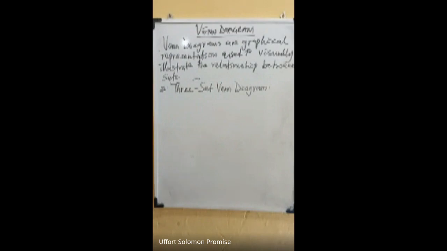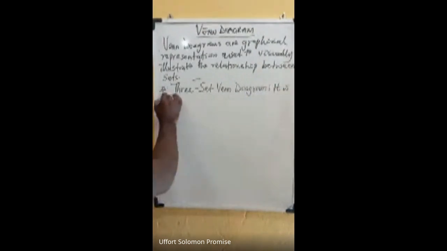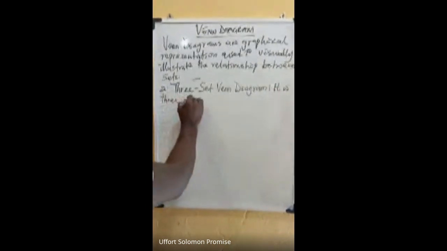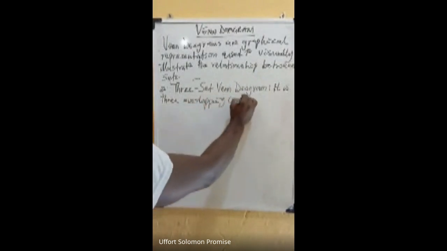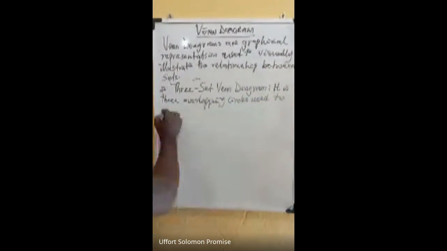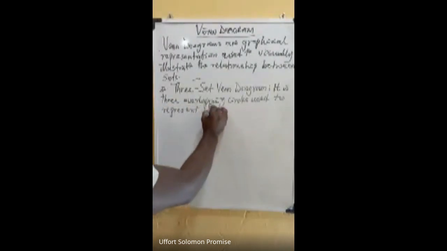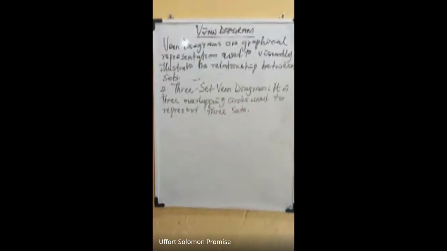The three set Venn diagram is three overlapping circles used to represent three sets. That is a three set Venn diagram.